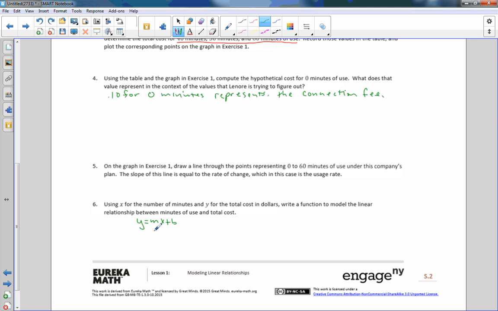And we know that it's 30 cents per minute. So my equation is going to be y equals 0.30x plus b, my y-intercept. That's my initial cost when I connect, and that is my 10-cent connection fee. So the equation is y equals 0.3x plus 0.10 in terms of dollars.